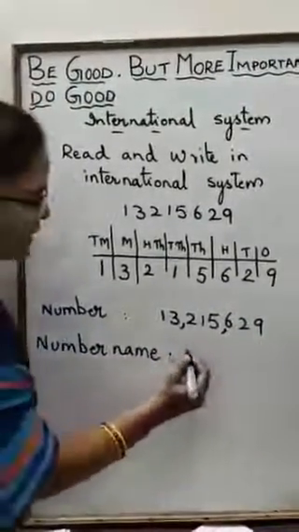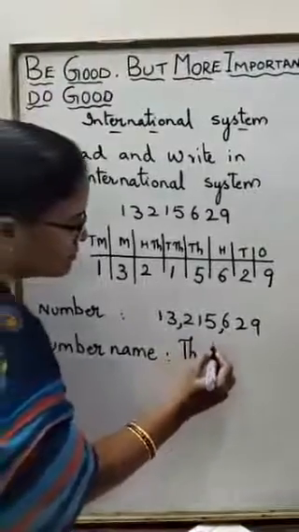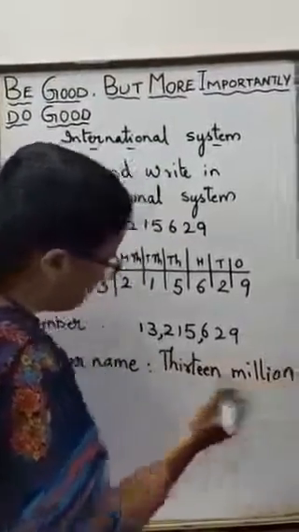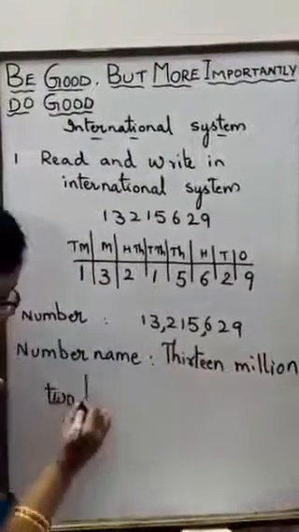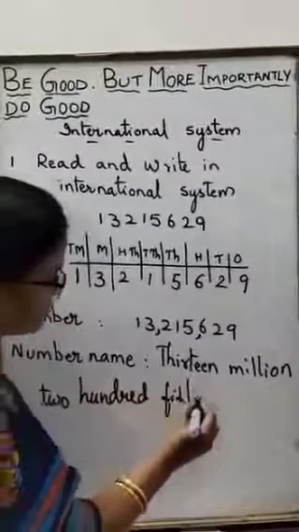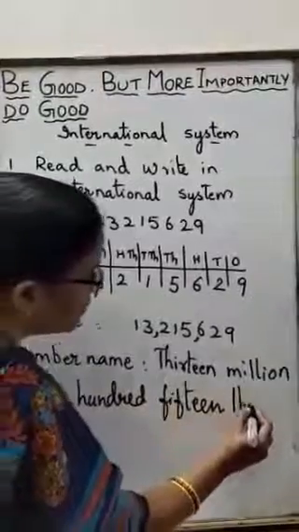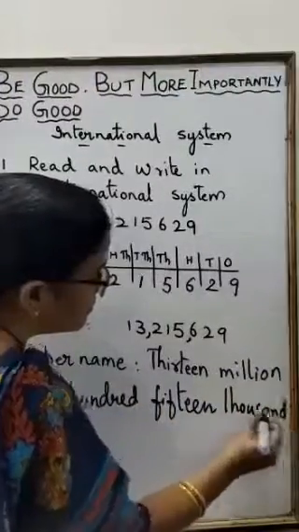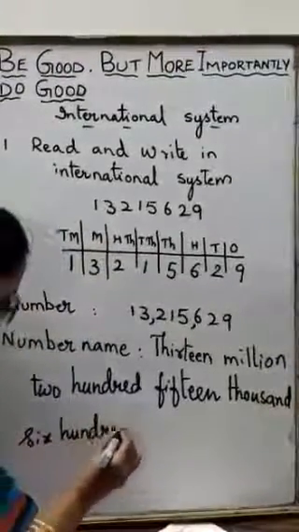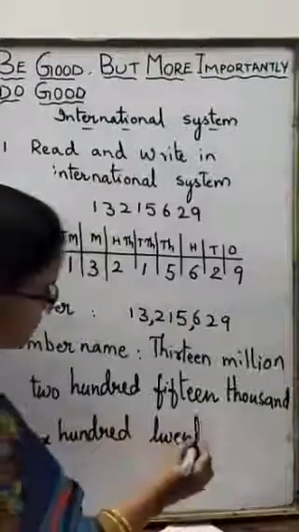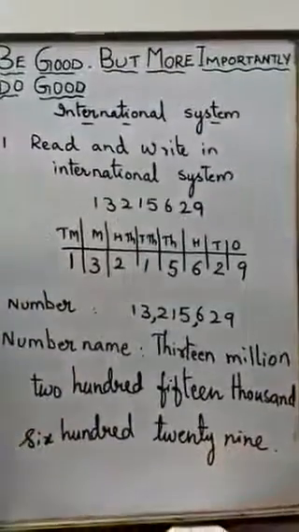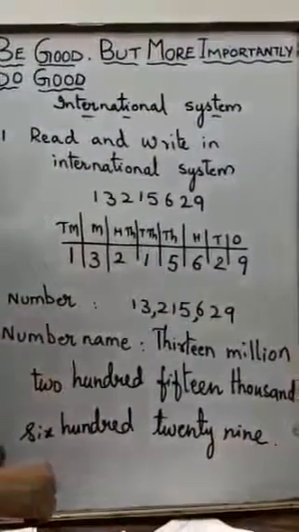So we write the number as 13 million 215,629. This is called writing in the international system.